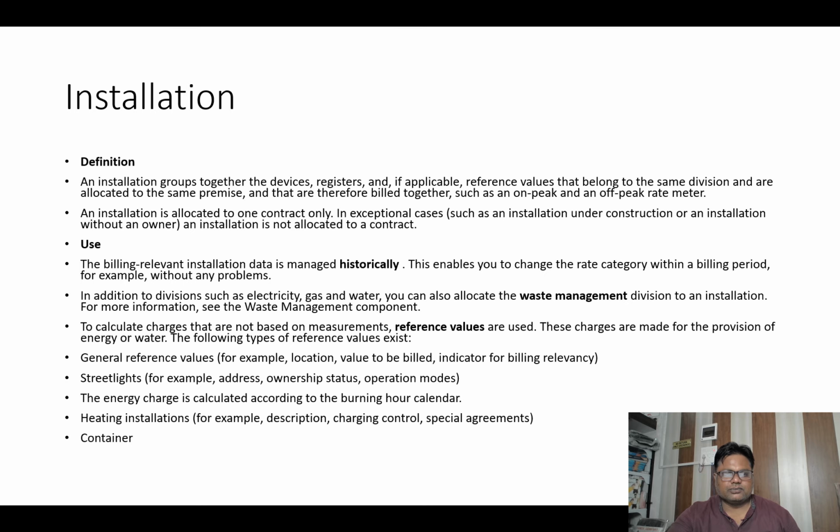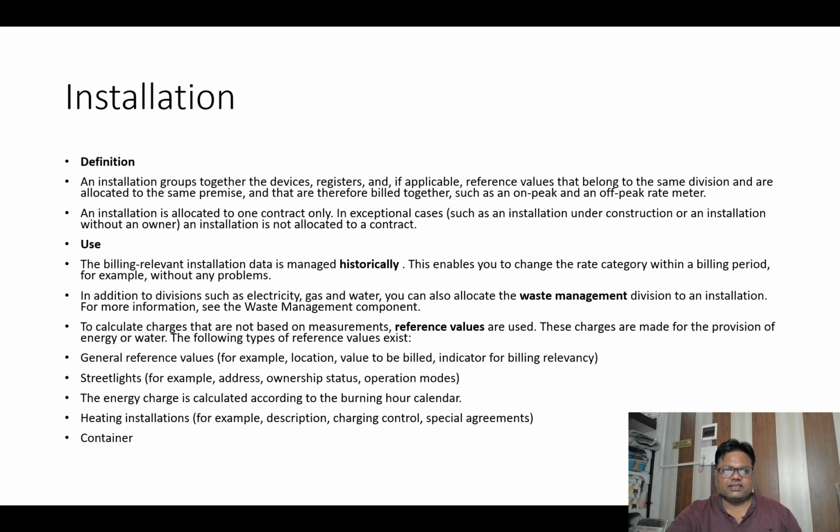An installation groups together the devices, registers and, if applicable, reference values that belong to the same divisions and are allocated to the same premises and that are therefore built together, such as an on-peak and an off-peak rate meter.